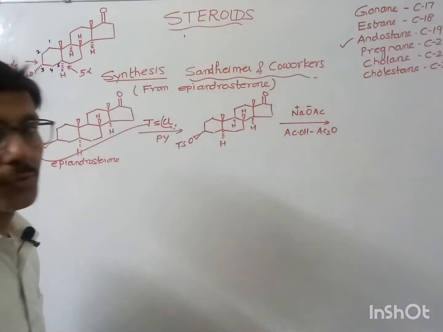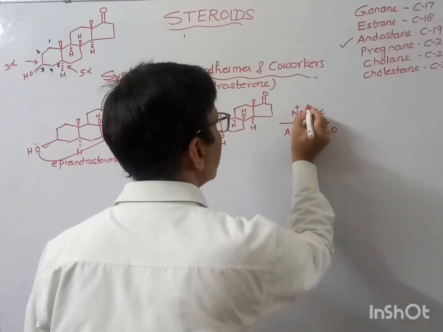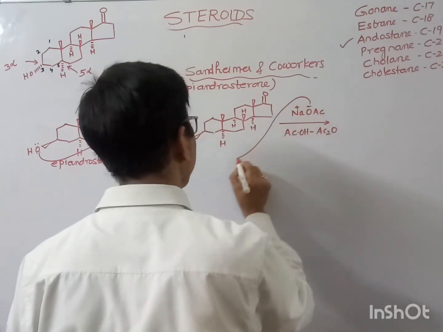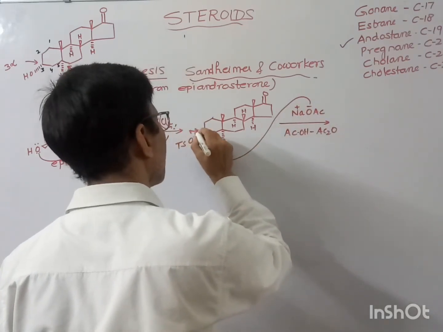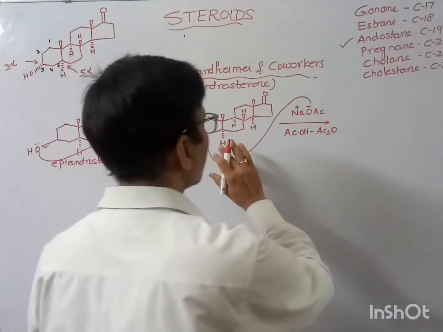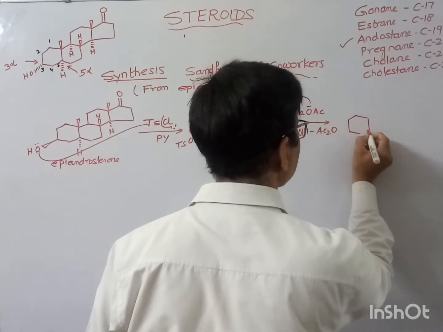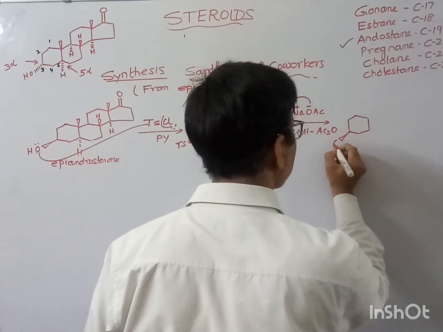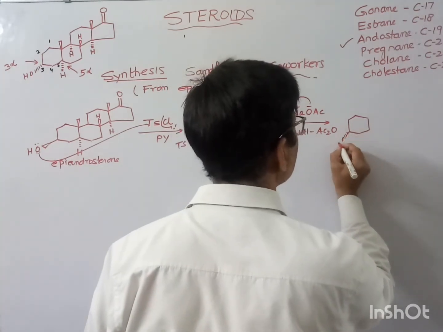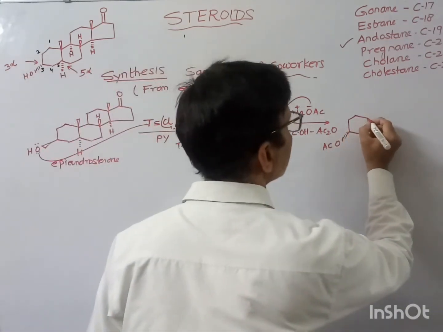So what it will do, this may now attack over here, and this will get removed. So one of the products that we may get here is OAc, which is now below the plane.